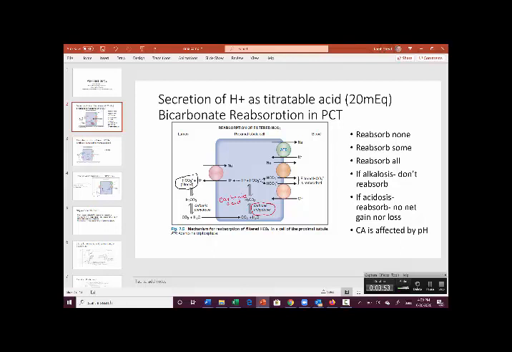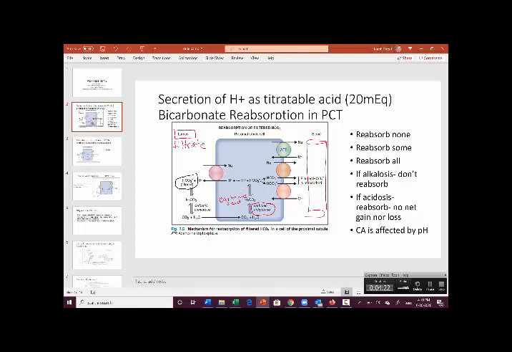And that dissociates into hydrogen and bicarbonate. For orientation, I want you to see that on this side is the lumen, so this is where the filtrate is coming through. And over on this side, we would have the peritubular capillary beds. Okay, so here's the blood side, and I just drew a blood vessel for orientation.